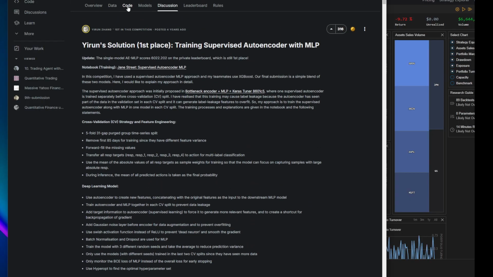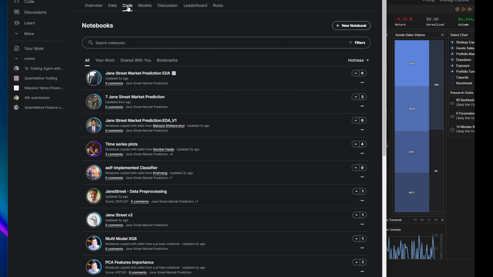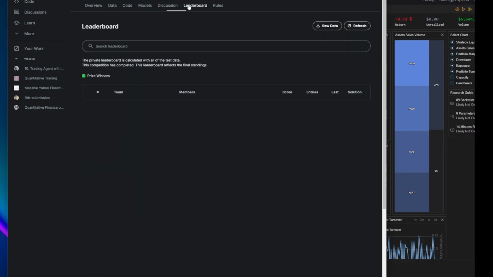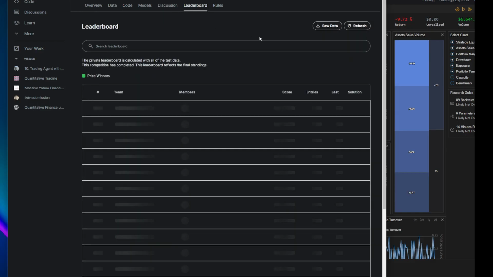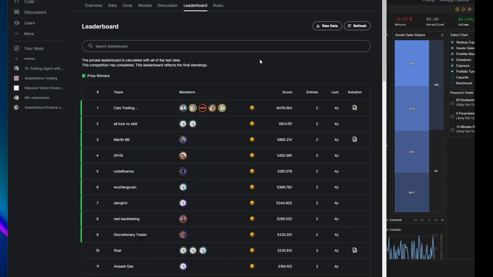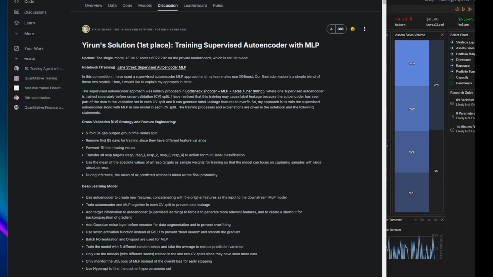Is there code here? Jane Street market prediction, but this is the code of this particular one. So that's not what we want, or maybe it is. I don't know. Data rules. Again, back to the solution here.